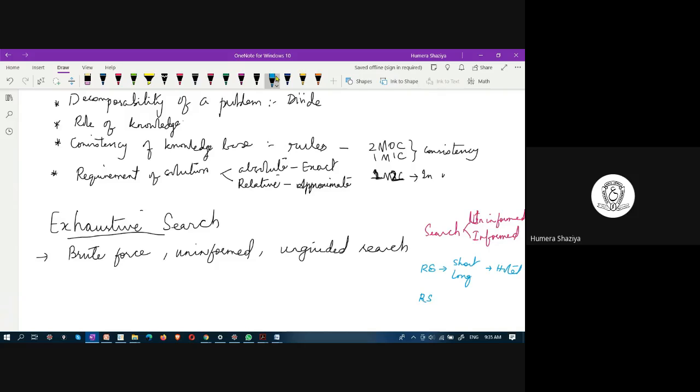In the other type of searching, which is informed, to reach a hotel, although you are in an unknown city, you may ask one of your friends and he knows it. He gives you some suggestions: you first take this route, and from there you go to the next subsequent route.